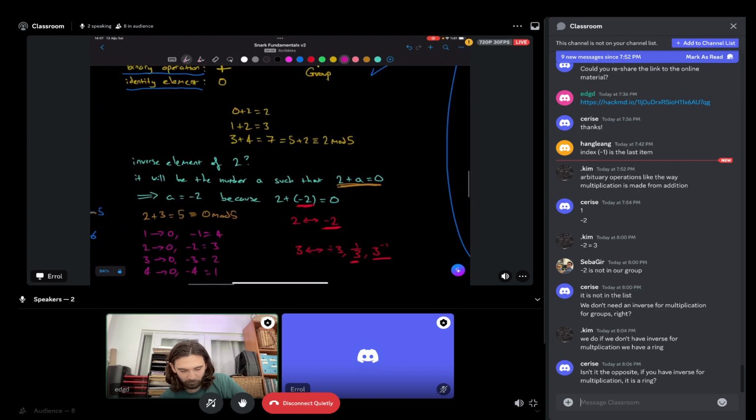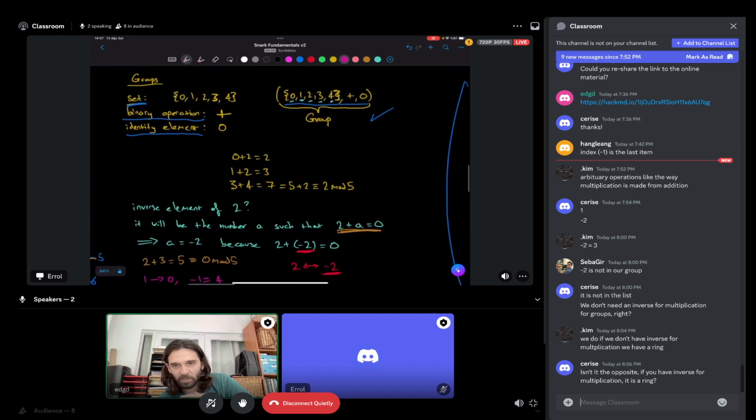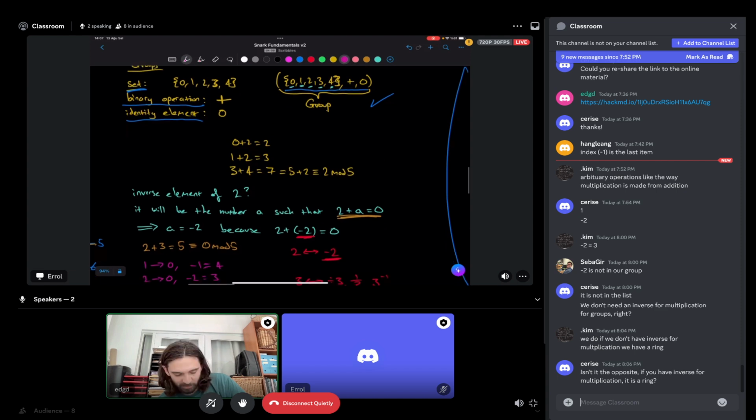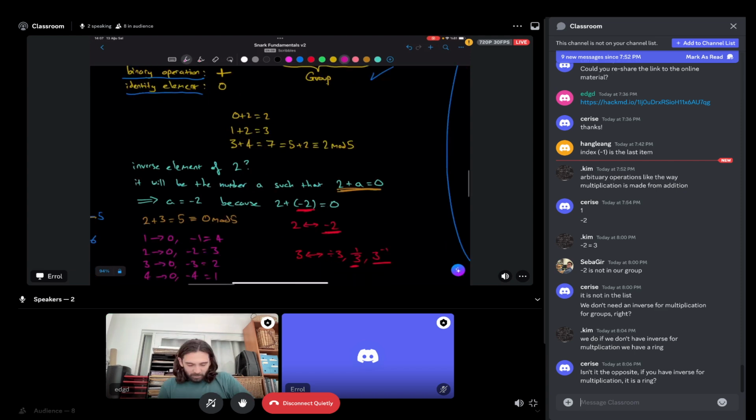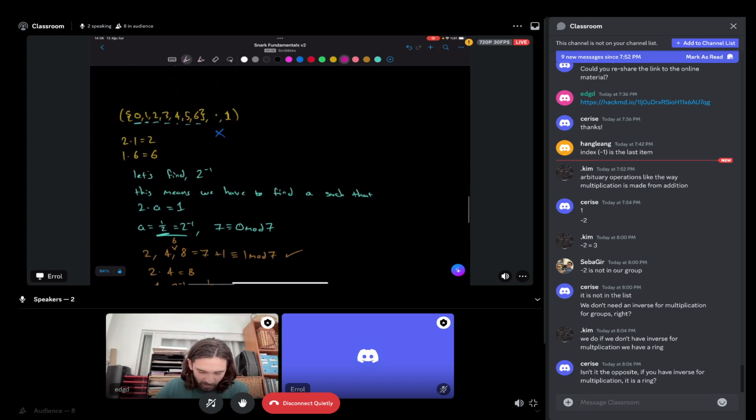So we've essentially just shown that this group is actually a group because they all have the additive inverses, and everything we can add together is still in our set. But I said that this isn't a group. And does anybody know why?